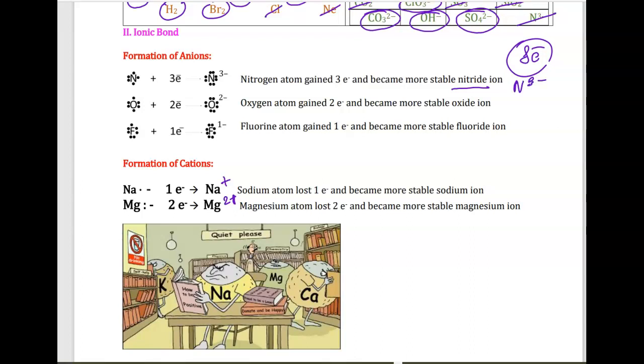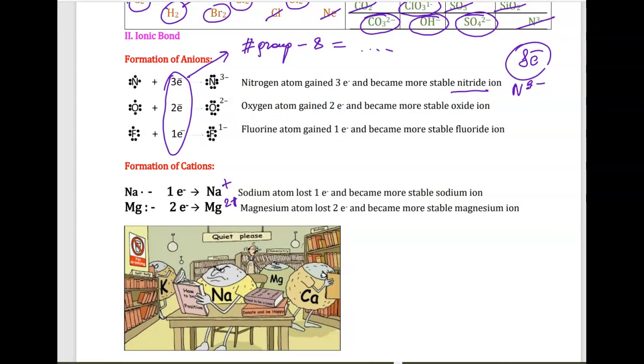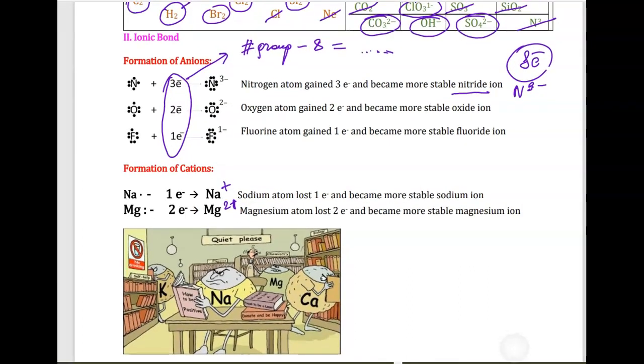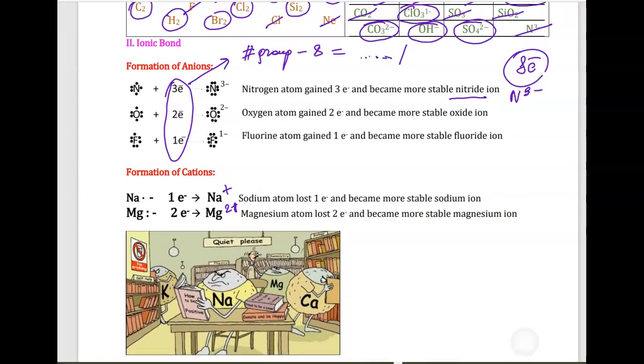I already showed you this rule: to define this amount of electrons, you take the number of the group minus 8, and that gives us the number of gained electrons.